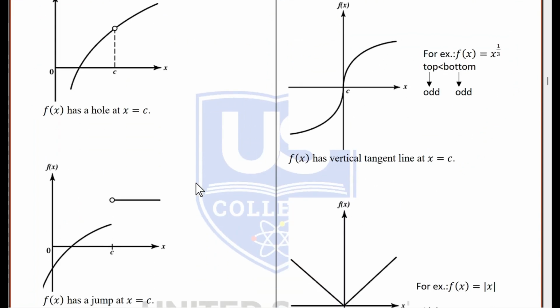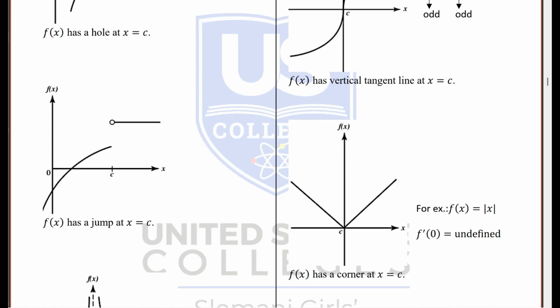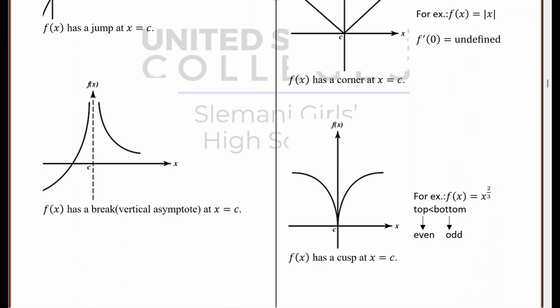So let's take a look at examples of not continuous situations. We studied this in chapter 2. If there is a hole, the function is not defined, it's discontinuous at the point. If there is a jump, the limit does not exist, then the function is discontinuous at that point. If there is a break, the limit does not exist, then we can say vertical asymptote, then the function is discontinuous at that point.